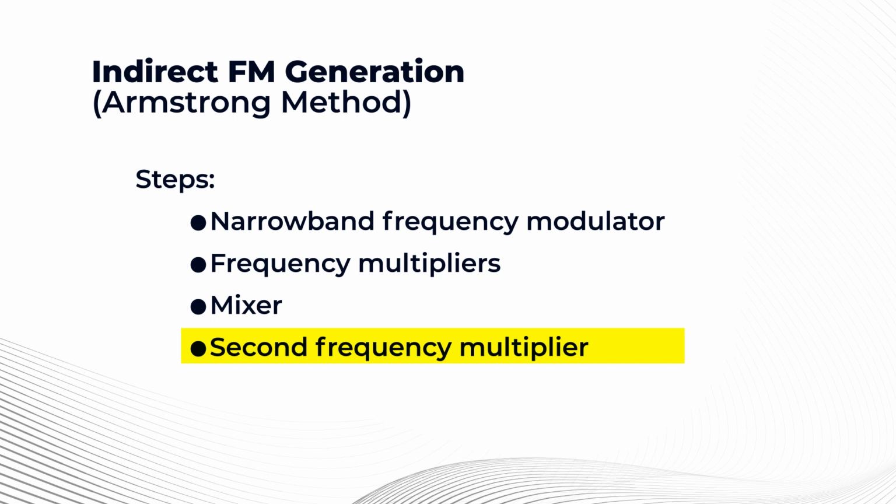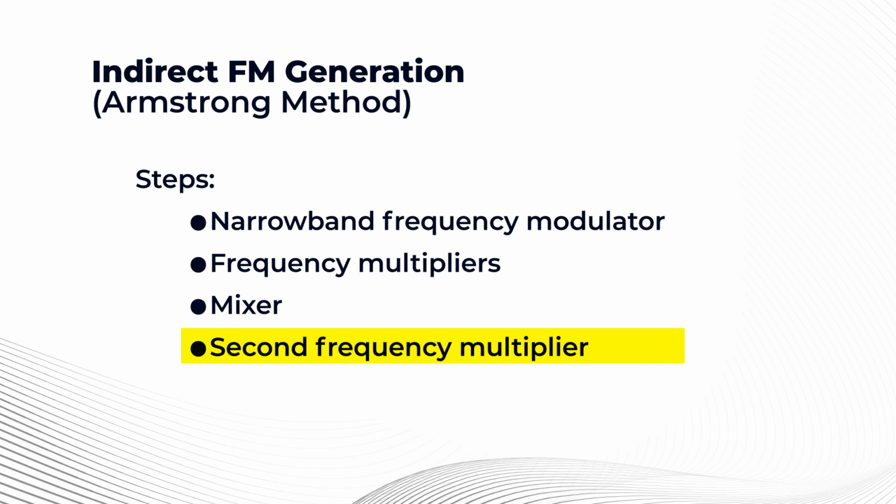The second frequency multiplier now comes into the picture. The frequency shifted wideband FM signal is passed through another frequency multiplier to achieve the final desired frequency deviation and carrier frequency. Similar to the first frequency multiplier, the second frequency multiplier further increases the frequency deviation of the FM signal.